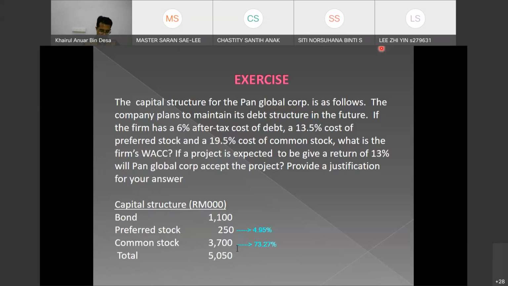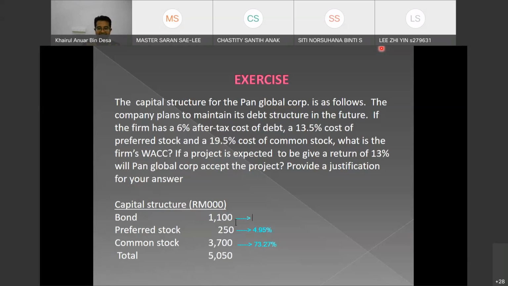I would like to go back to Suhana. Suhana, saya susah sikit yang ni.